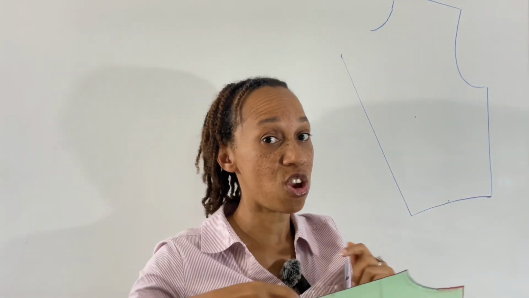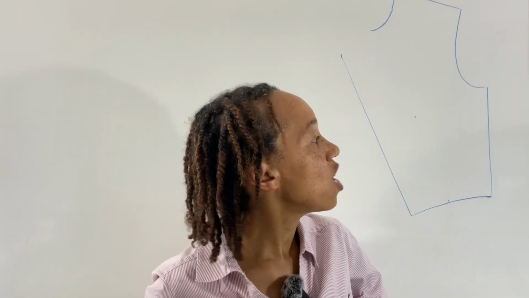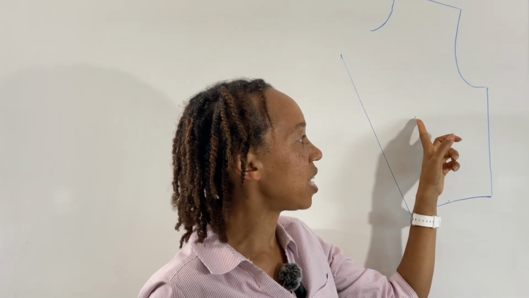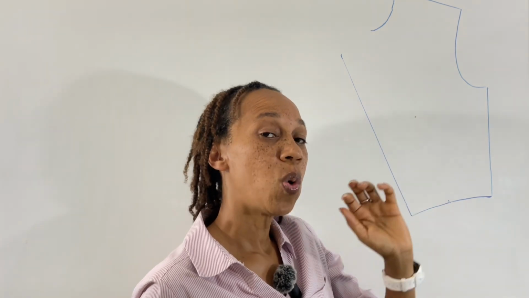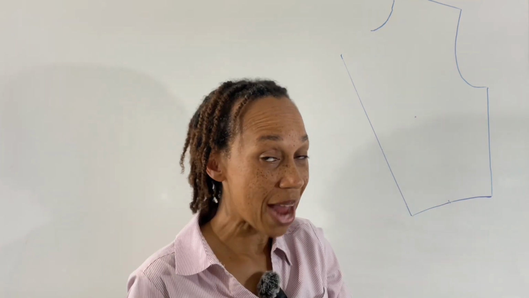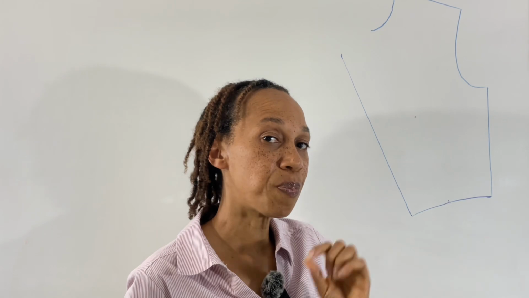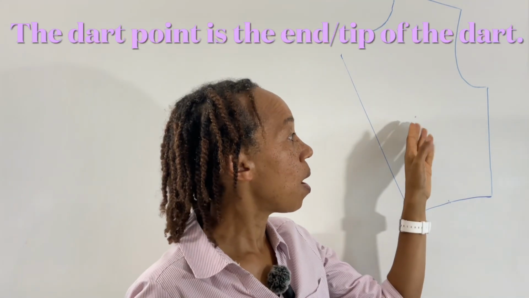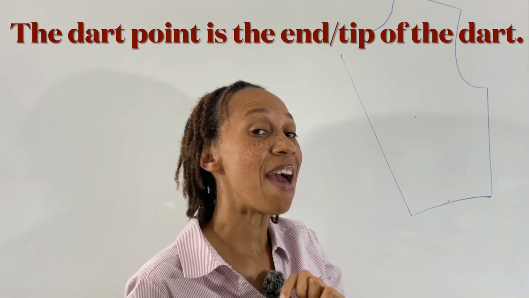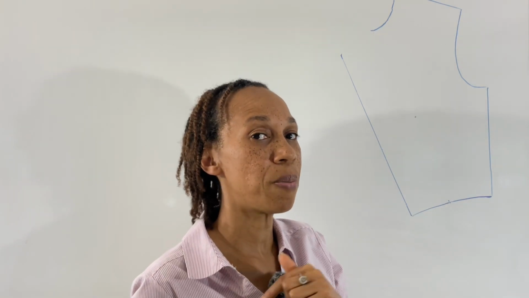Now, the next thing that you're going to do is that you are going to move this dart point up to the bust point. So when you have a pattern or a sloper, the bust point and the dart point are different. The dart point is usually 5/8 of an inch below the bust point.